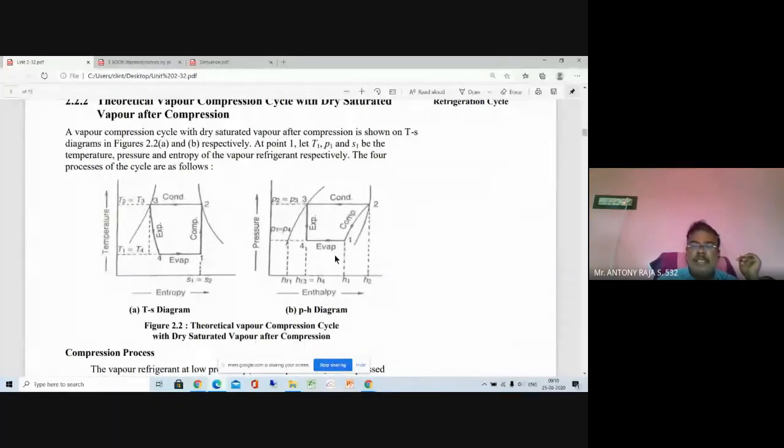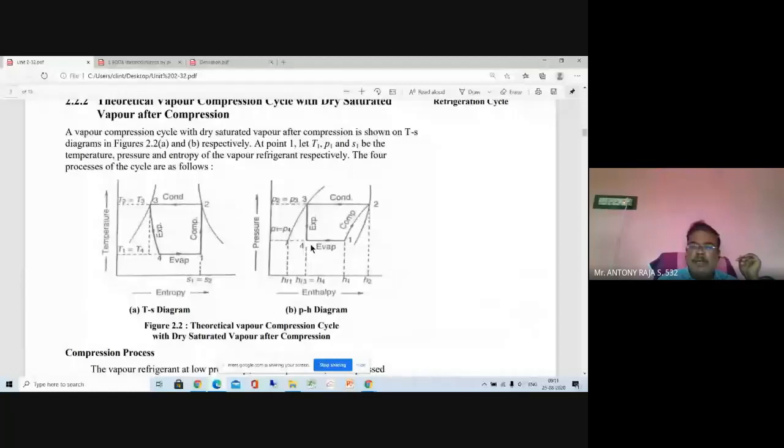Here the refrigerating effect is less, because the enthalpy difference is small. The enthalpy difference is small because it contains liquid also. Assuming that point number 1 is shifted here, what will happen? The refrigerating effect is more. The enthalpy difference is more. H1 minus H4 is a larger value.